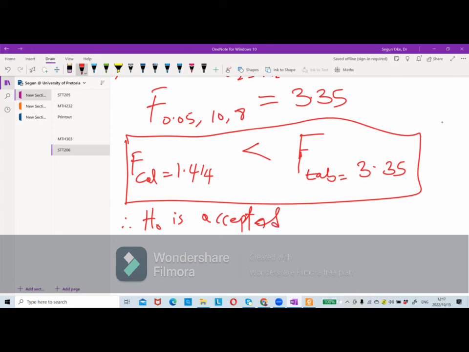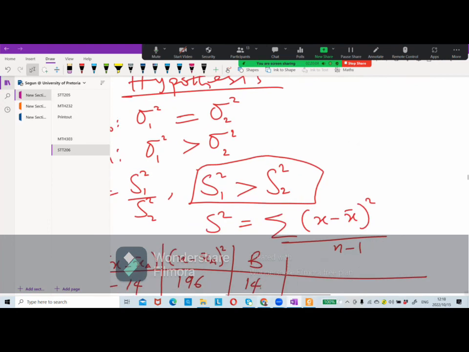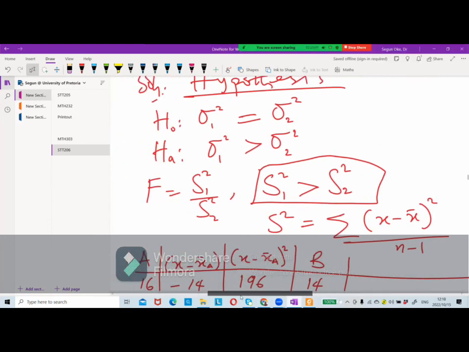Hence, we can say that the two populations have the same variance. What is variance? Variance is what we have here. Look at it. We did something on the variance. This is what we call variance. They have the same variance. That's why they are equal. Remember, we accept H naught in this case.